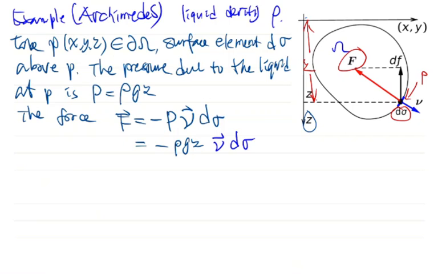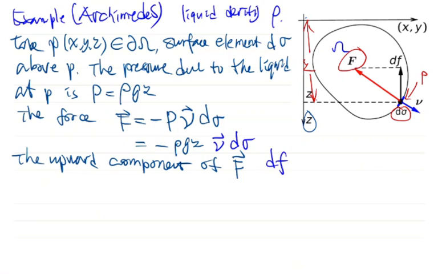So the upward component of capital F we denote by small dF. The d here means very small, corresponding to the small surface element d sigma, a very small area.